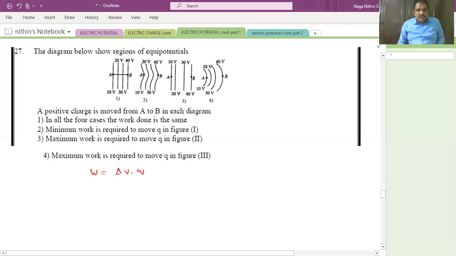From 10 volt, it is moving to 40 volt. Here, what is the voltage? 10. Here, what is the voltage? 40. Here also 10, here also 40. So it is moving under the same potential difference.